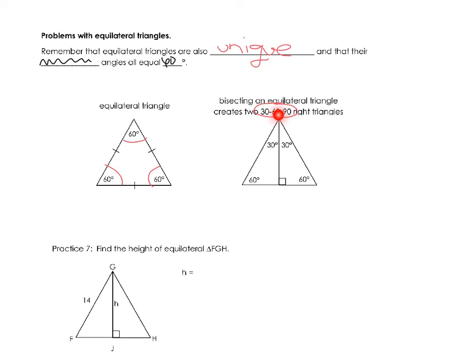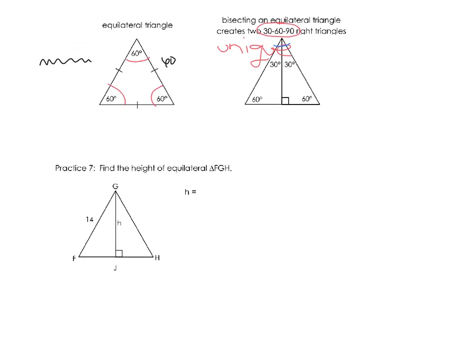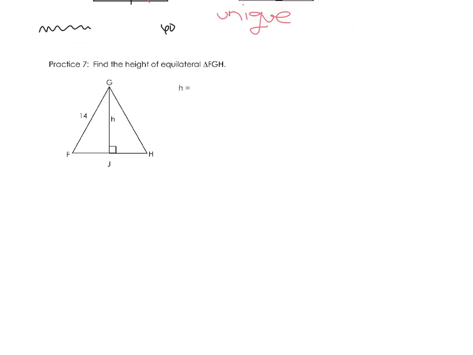Okay, so you can clearly see that here, that this angle is being bisected, which we know means it cuts it into two congruent pieces. That's why you get 30, 30. So you end up with a 30, 60, 90 triangle. So keeping that in mind, whenever you have equilateral triangles and they're bisected, they create 30, 60, 90 right triangles.